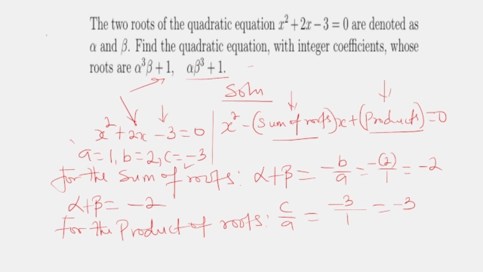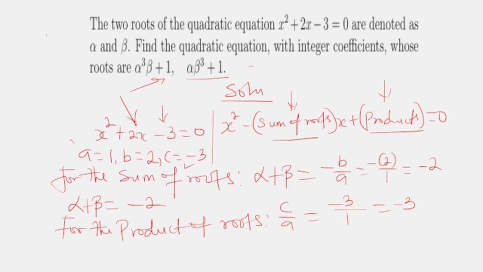Now, with this information, we are going to form the new equation. They said find a new quadratic equation whose roots are these. So we are going to do the first step for the sum and the second step for the product.